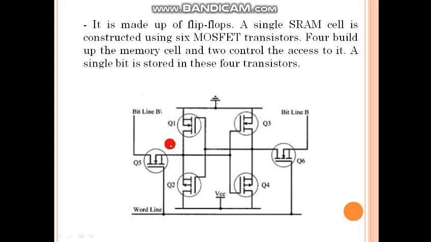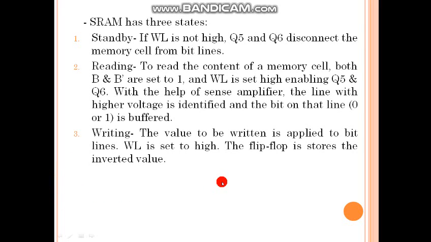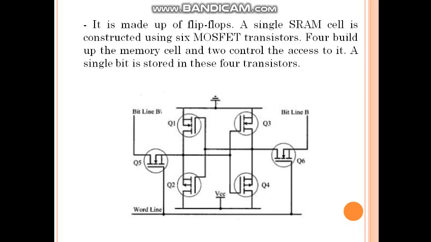B and B dash get activated, and this word line will also get activated. It works in reading mode. For writing, the value to be written is applied to the bit line, and the WL is set to high. The flip-flop will get the inverted value.